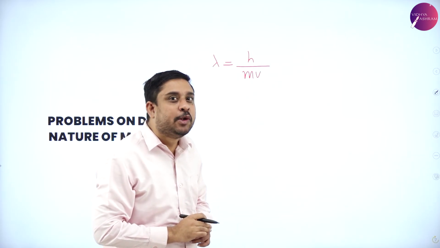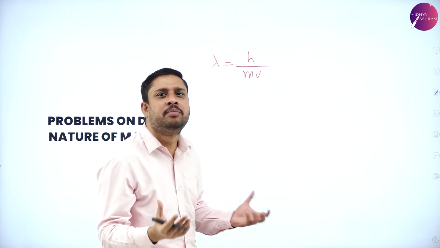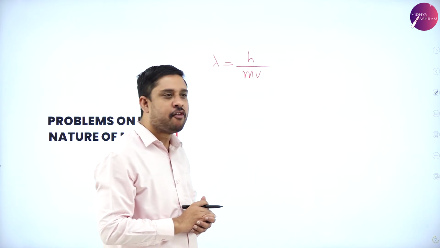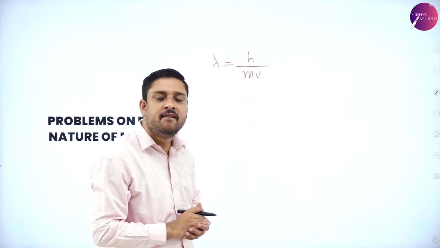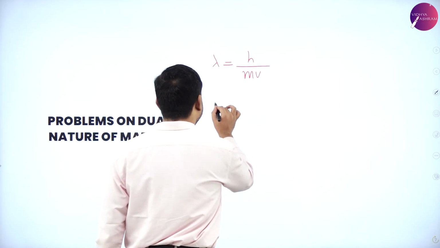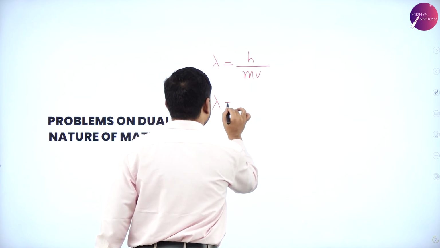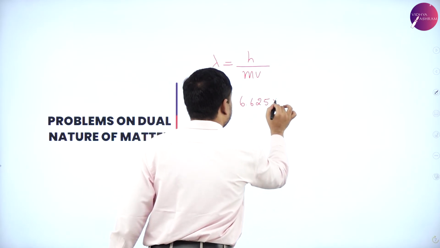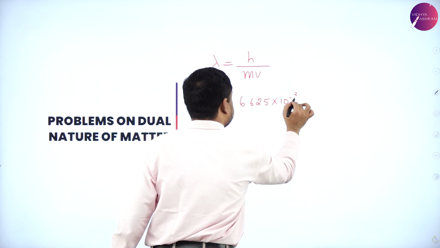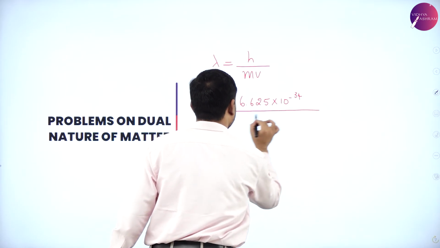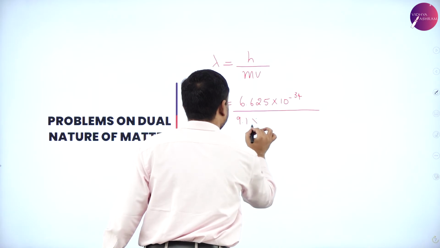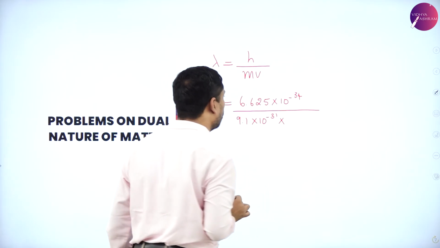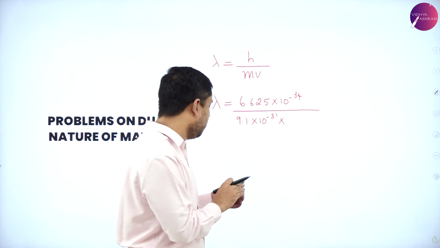What is that m into v? Momentum of the moving particle, product of mass and velocity. So from this directly, h is Planck's constant, 6.625 into 10 power minus 34, divided by 9.1 into 10 power minus 31, into velocity is given.